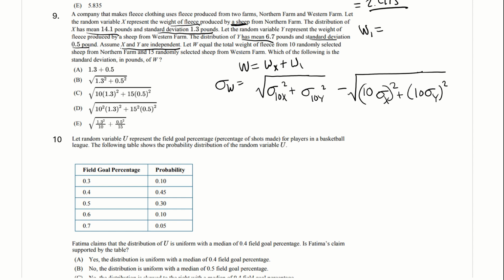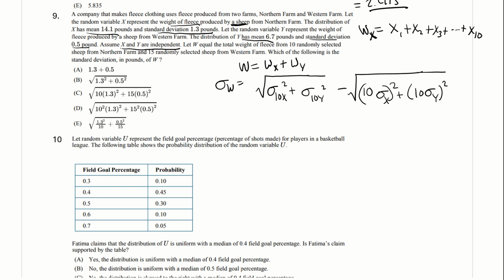Because x is like the individual sheep, and w is the total weight of the fleece from the different sheep, right? So in other words, wx here is the weight of the sheep for that farm, and so it's going to be x1 plus x2 plus x3 all the way to x10.